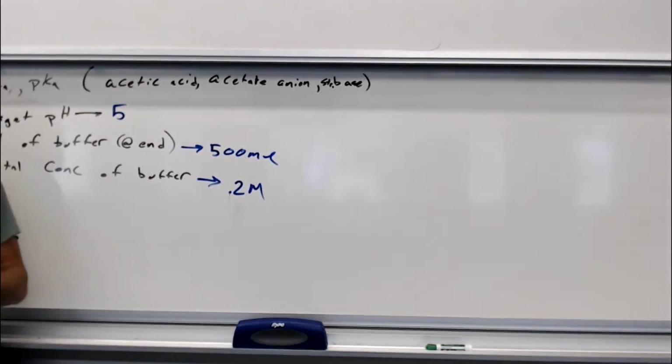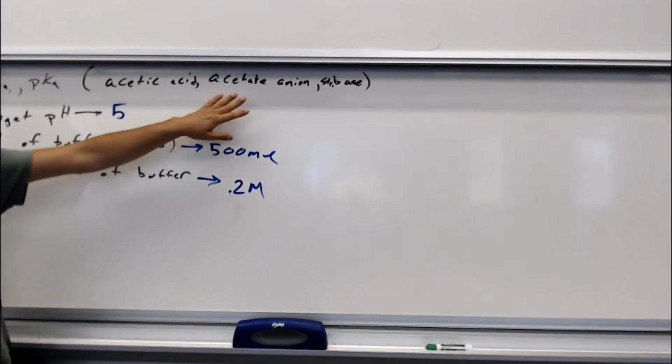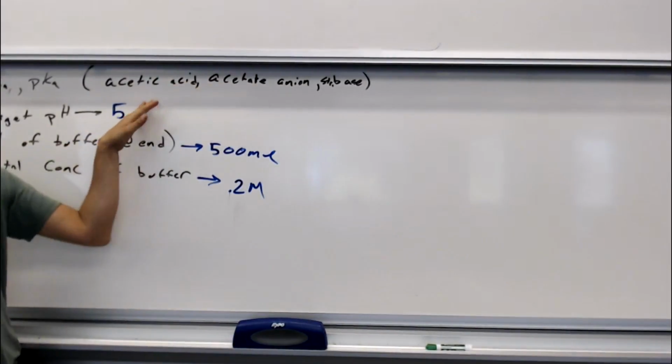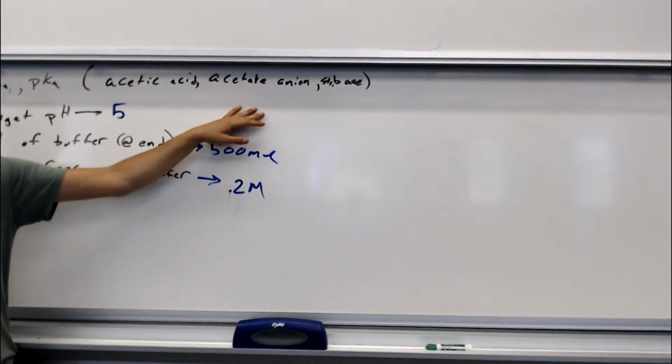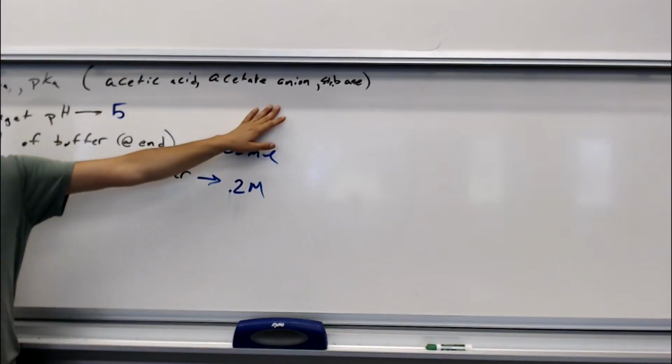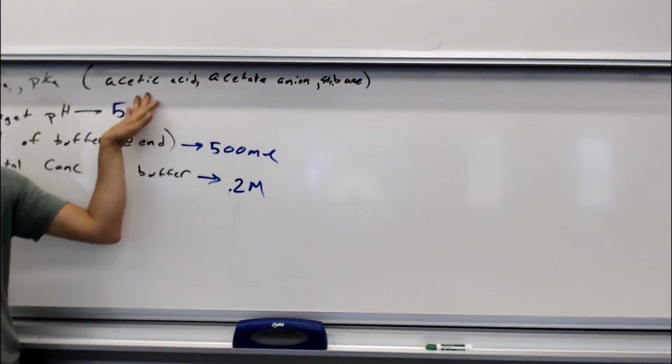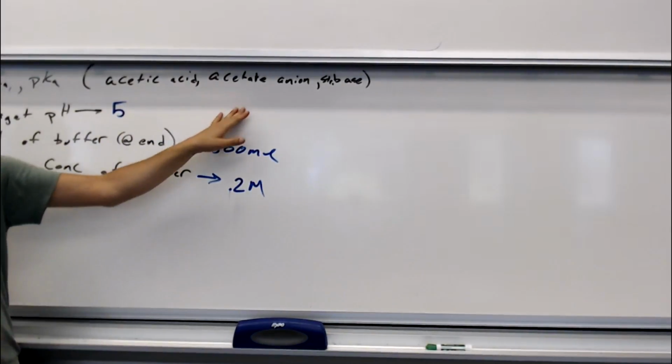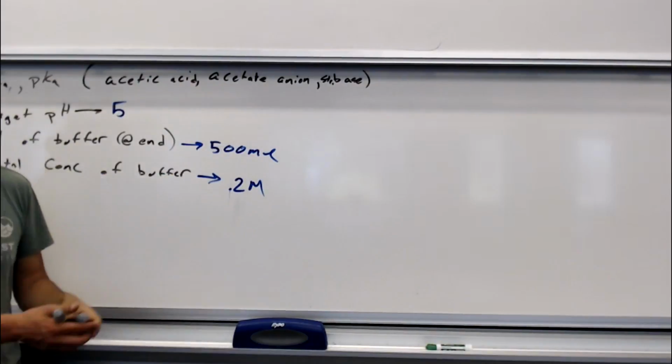So we can make our buffer just by mixing the correct amounts of acetic acid and acetate anion, because that's what defines a buffer, is having the weak acid with the conjugate base. If we have the right amount of those 2 materials, that could make a buffer. That's what part A is asking us to do.